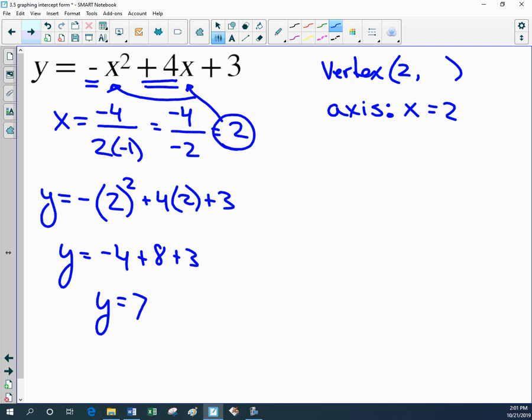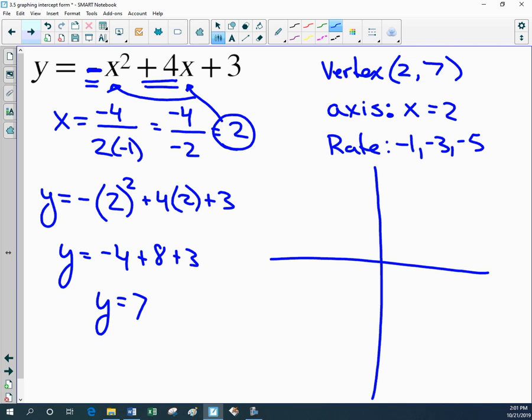Okay, so the vertex is at (2, 7). Axis of symmetry is x equals 2. The rate for this problem, a, which is negative 1, so we're multiplying negative 1 times 1, 3, 5, so it'd be negative 1, negative 3, negative 5.